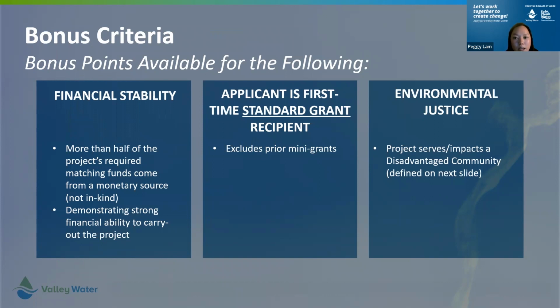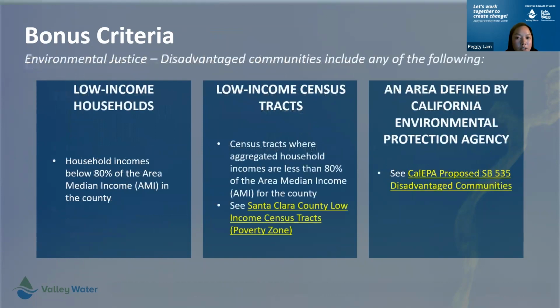And on the next slide, we have the definition of a disadvantaged community. So that includes low-income households, which are household incomes below 80% of the area median income in the county. And then also based on the low-income census tracts.